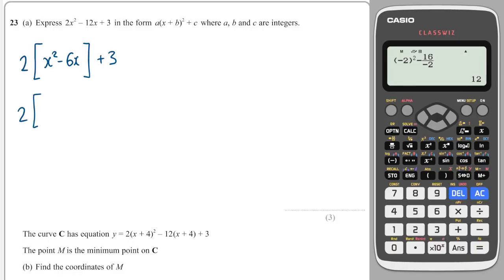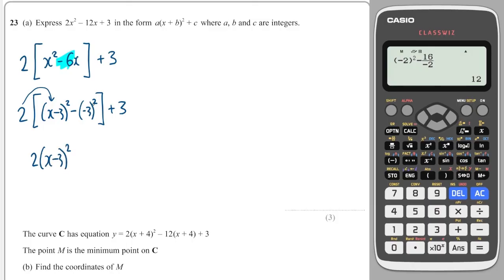Okay, completing the square is all about this term here, the x term. I need to take that term and I need to half it. And when I half it, that gives me minus 3, so I write x minus 3 squared minus, always minus, and then minus 3 squared. And then all I need to do is just to multiply back through the bracket. So that's 2 lots of this bracket here.